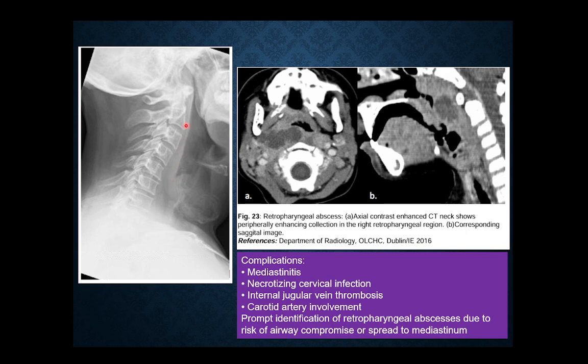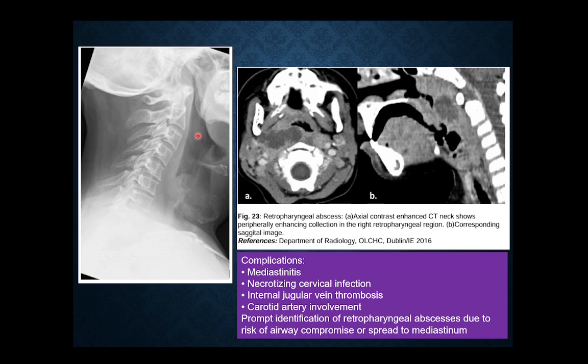The other importance of the retropharyngeal space is that if there is any abscess here, it is known as the danger space, because normally the retropharyngeal space is not visualized, it's very thin.